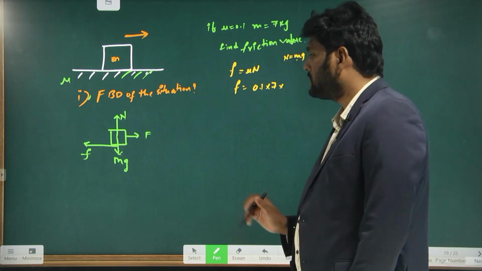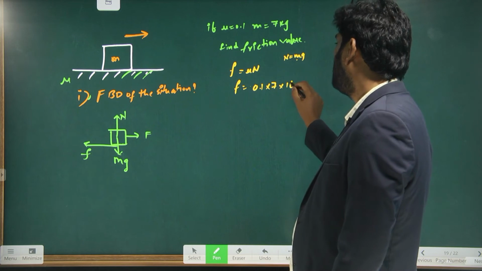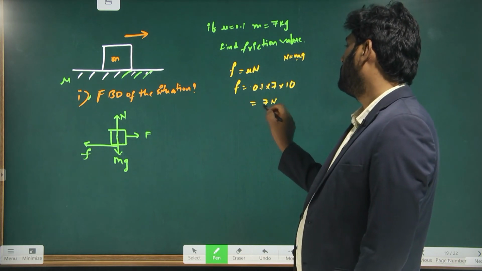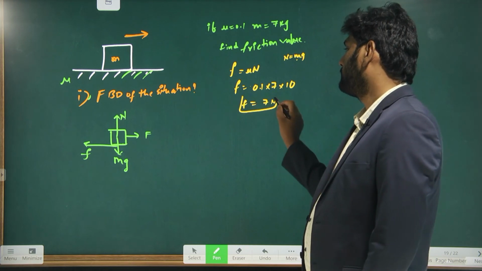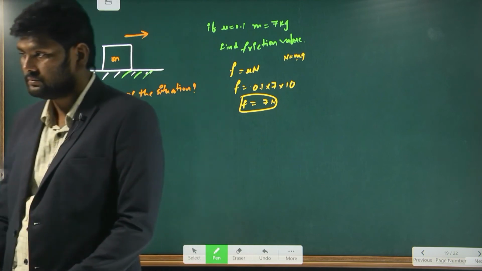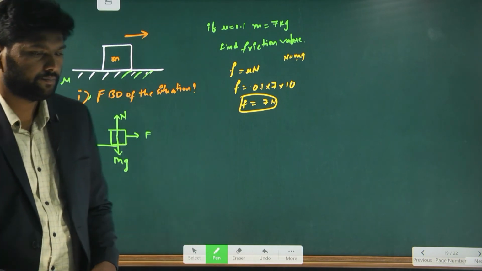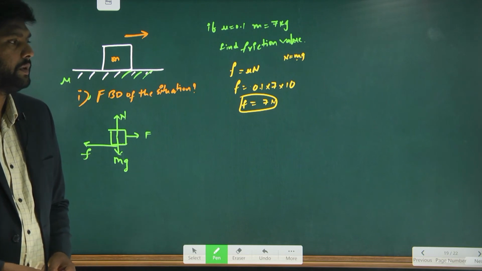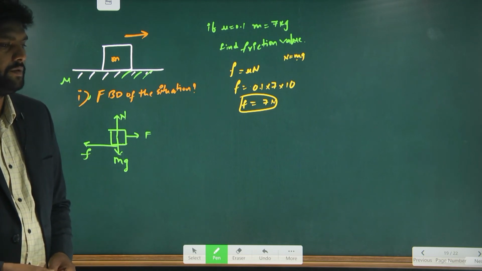The g value on the earth surface is 10 or 9.8. Finally, 7 Newton is the friction force. Okay, now done.